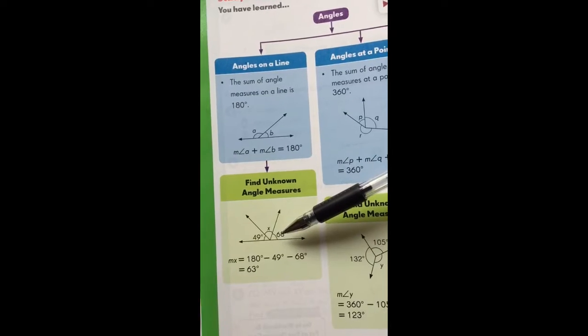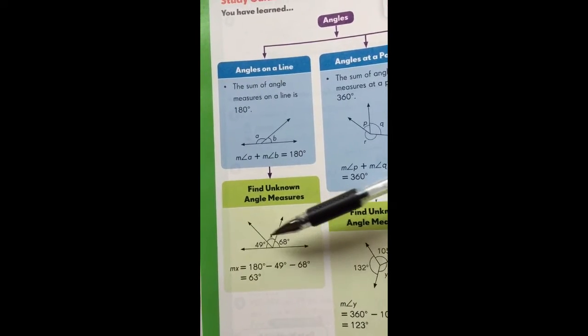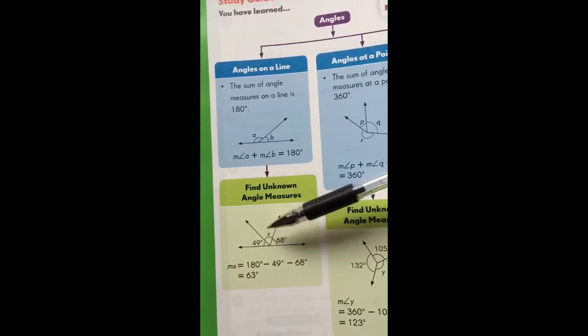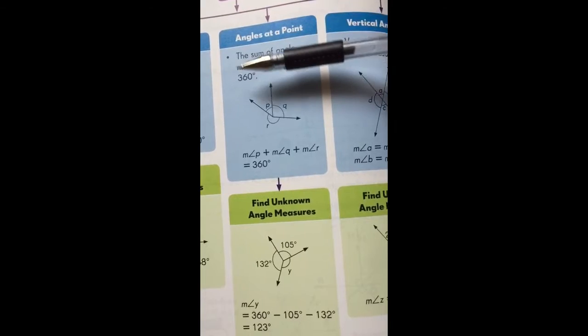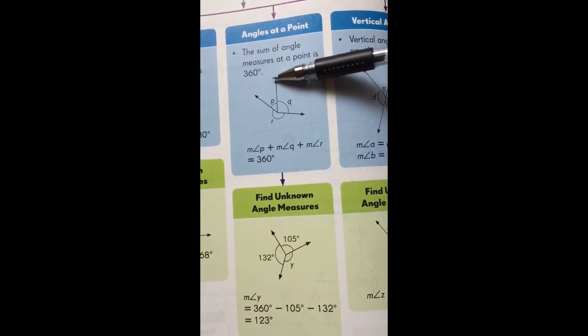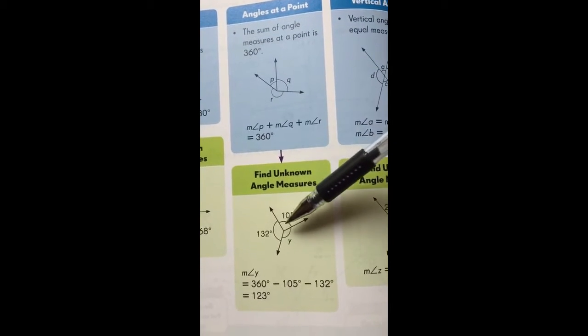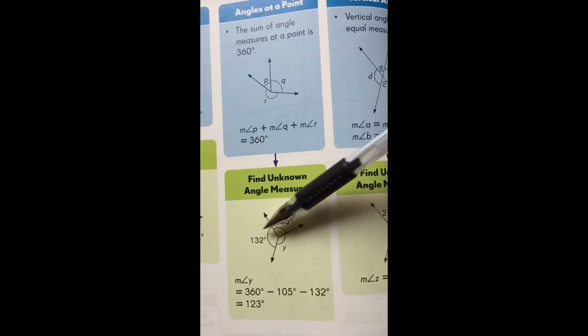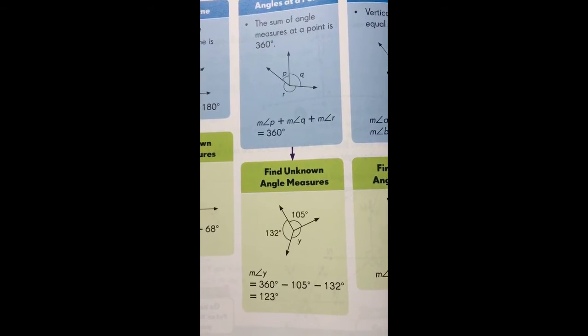If we know these 3 angles are angles on a line, and we know 2 of these angles, we can work out the unknown angle. Angles at a point, the sum of their measures is 360 degrees. So if we know some angles, we can work out the unknown angle.